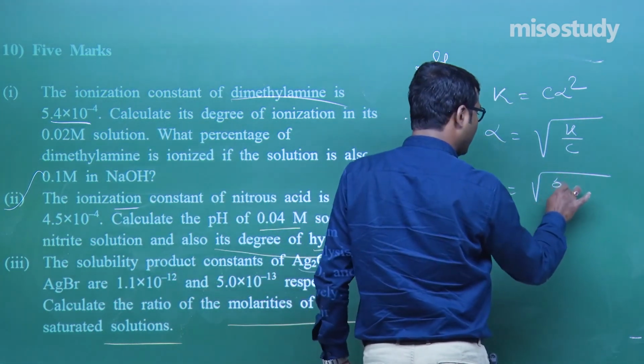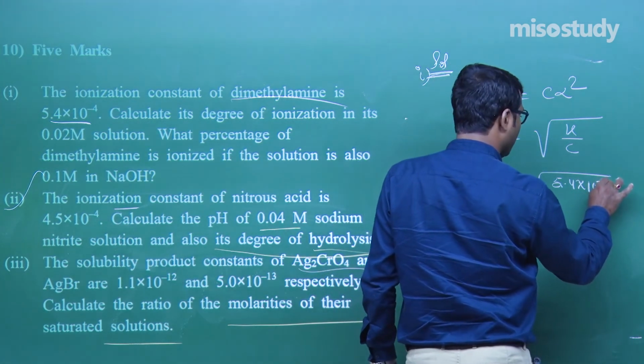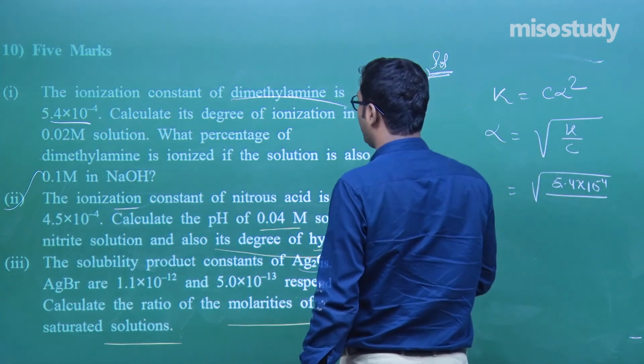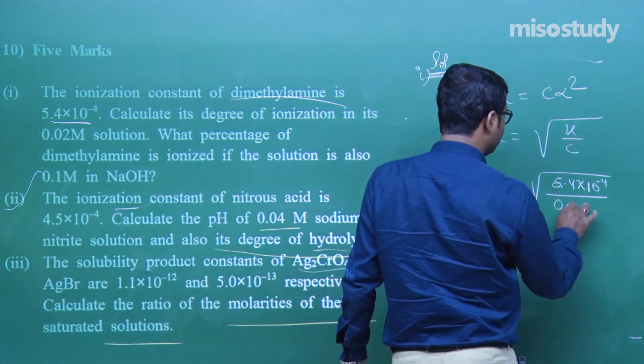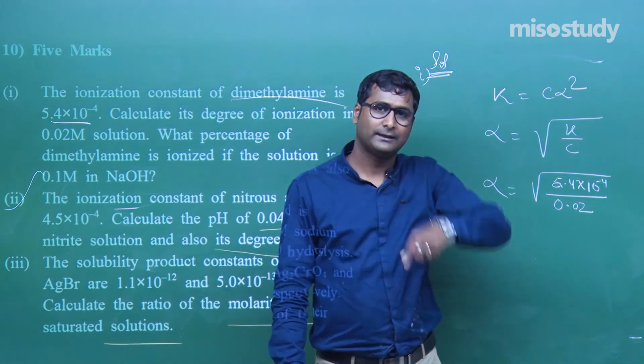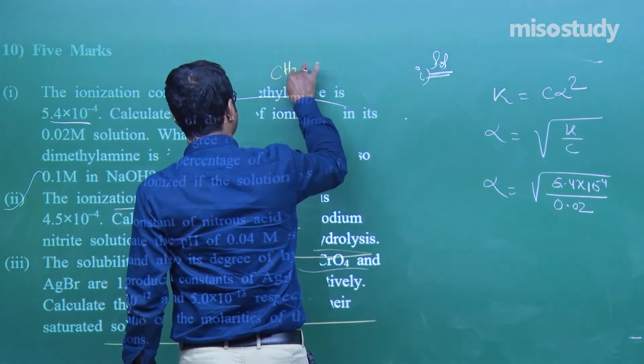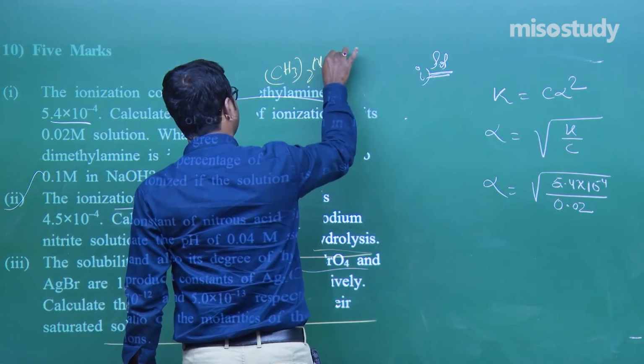K is 5.4 × 10^-4, and C is 0.02. It's so simple, my friend. Clear? Yes. What is dimethylamine? (CH3)2NH.